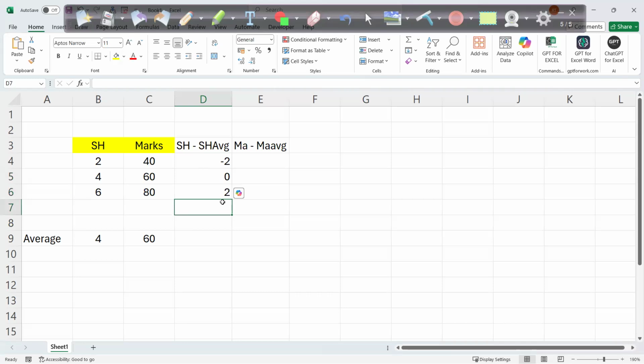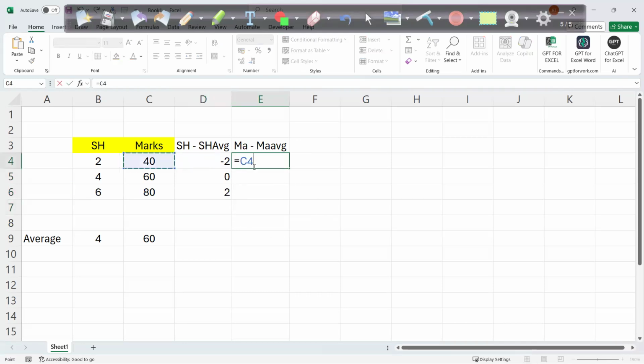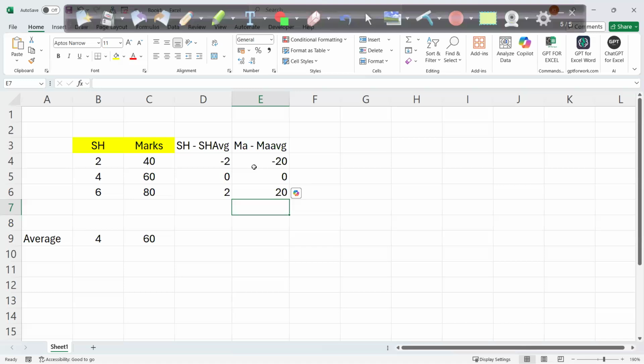I got these values. I will do the same here also: yi minus y bar, for each row. So I got these numbers.